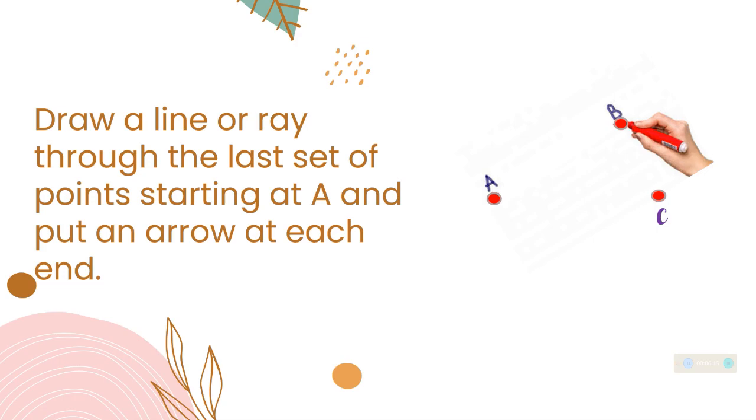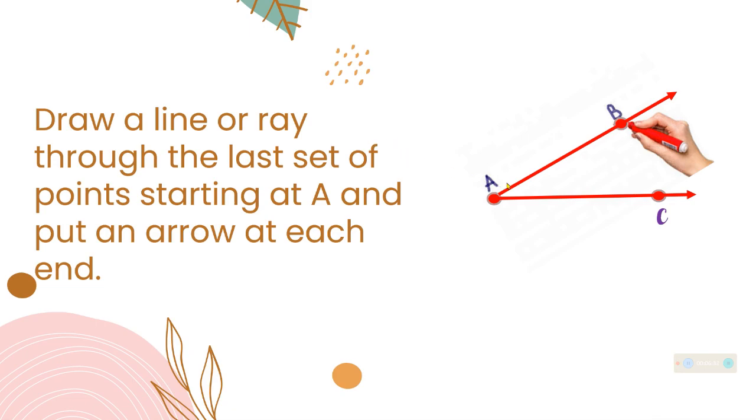Next, draw a line or ray through the last set of points starting at A and going to B, and A going to C, and put an arrow at each end. From A to B you will have this one, and from A to C you will have this one.